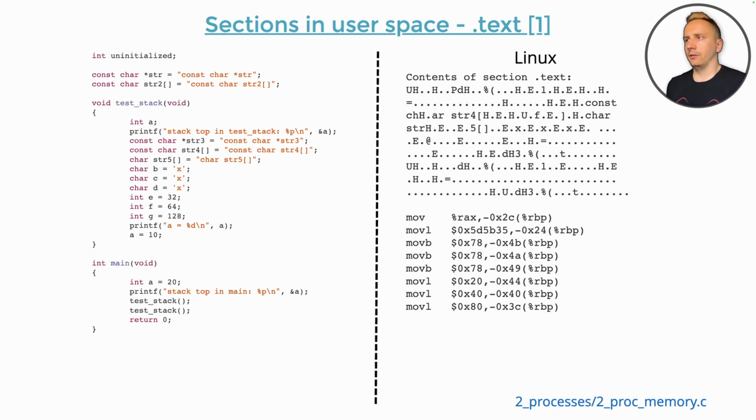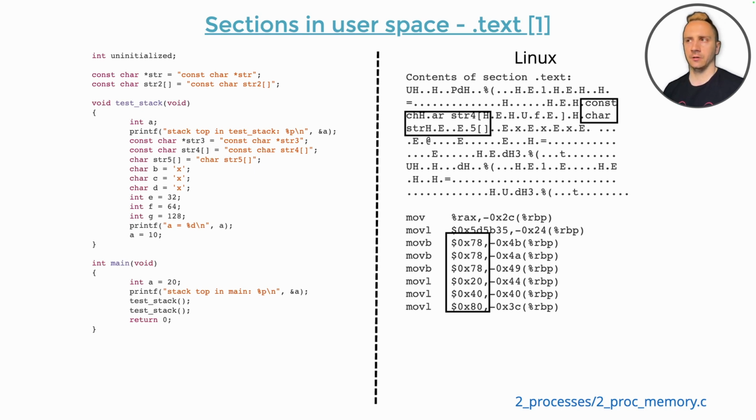I will just highlight the part of this object file which is relevant to us, and some machine code which is also relevant to us. And here is what we have. You can see that the text section in this file, which contains machine code, contains some random unreadable stuff, but also you can see some traces of the variables that we had in the source code. You can see here const char str4 and char str5.